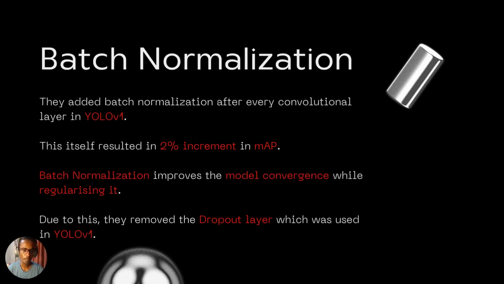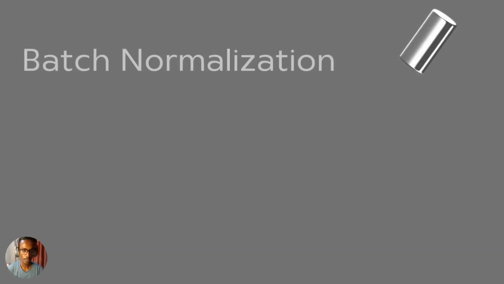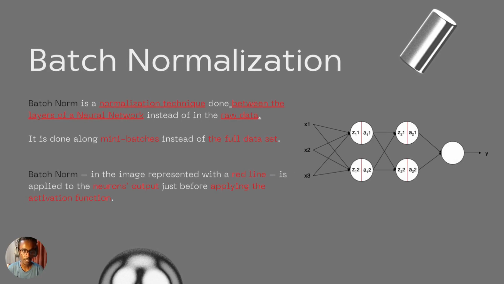And what is batch normalization? It improves the model convergence by regularizing the inner layers. Let's take a look at what batch normalization does. For example, in this network on the right, if you have inputs, these inputs need to be normalized before you put them inside the network. They can have different ranges of values.